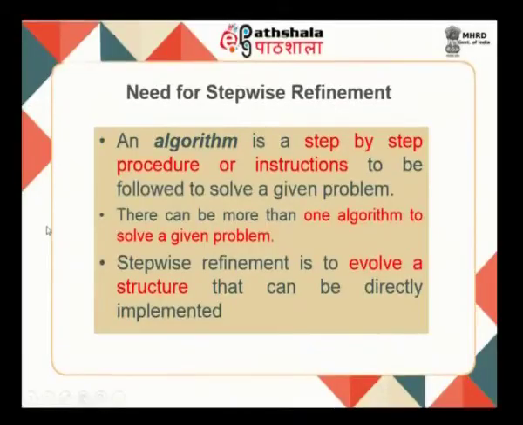Remember, last module we discussed the basics of algorithms. As you can recollect, an algorithm is nothing but a step by step procedure or instructions to be followed to solve a given problem. I was telling you that an algorithm can be compared with the blueprint of a building.